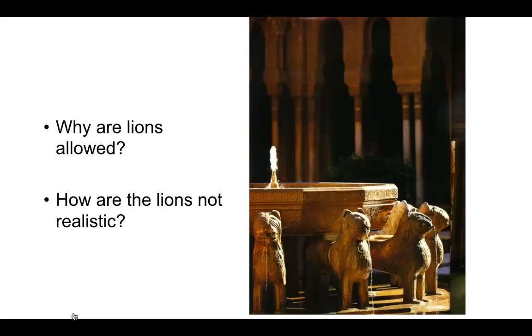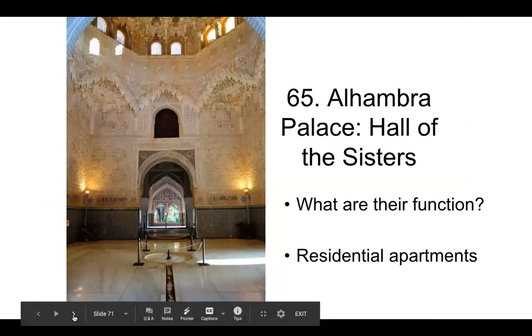No, this is a palace, so it's okay to have representational imagery, but it does have a characteristic of how we denote detail in Islam. They're not particularly realistic. When I look at these, do I think lions? Not really. I think animals, maybe felines, but I don't necessarily think lions. And so you can see that they often are stylized and not realistic.